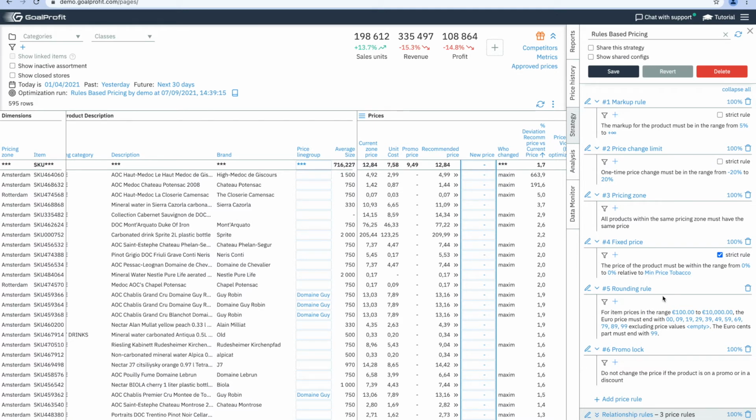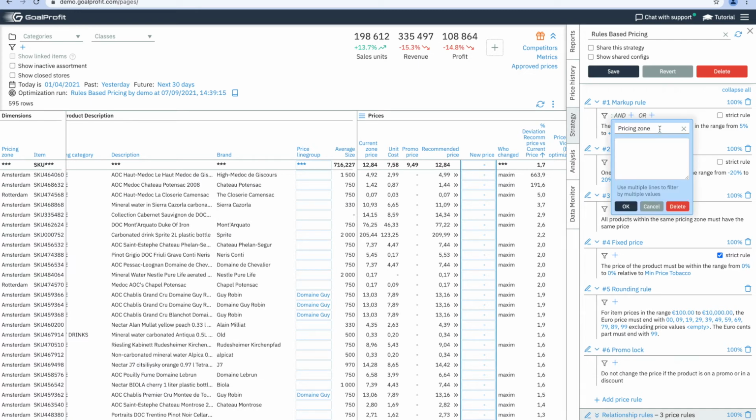So we can add rules, but also we can define some settings for each rule. If you see the markup rule, we can define the minimum markup, but also we can define the scope of business this rule will affect. For example, we want to apply this rule only for one pricing zone.